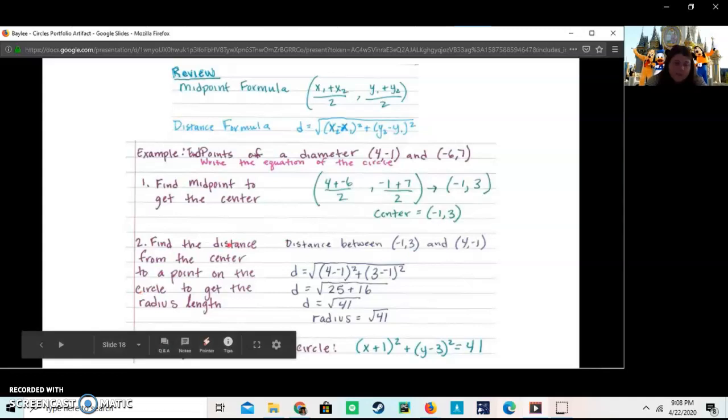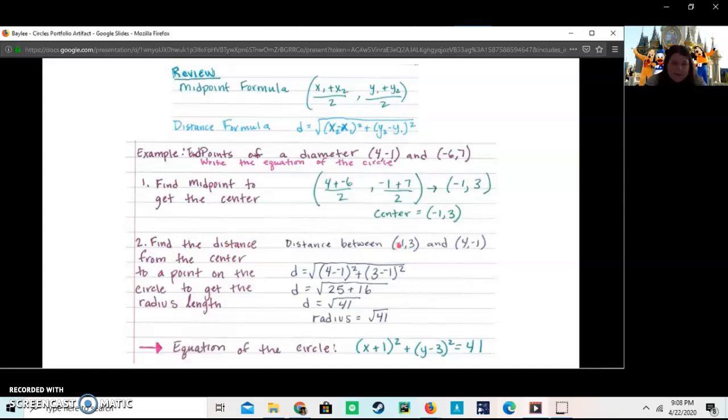Then you can use the distance formula to get the radius length, as it says in example 2 over here. The distance between the points (-1, 3) and (4, -1).